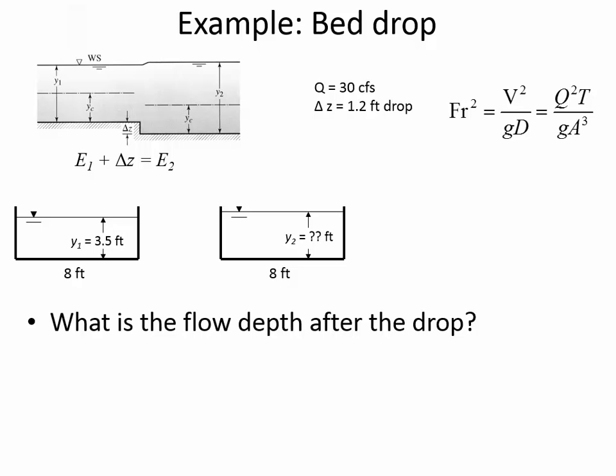So how much did it drop down? 1.2 feet. And so if we had the mistaken assumption that y2 is just the drop plus the original flow depth, we would have said 4.7, but this is 4.708. There's a little bit additional depth that comes from the fact that the velocity is slower at location 2.